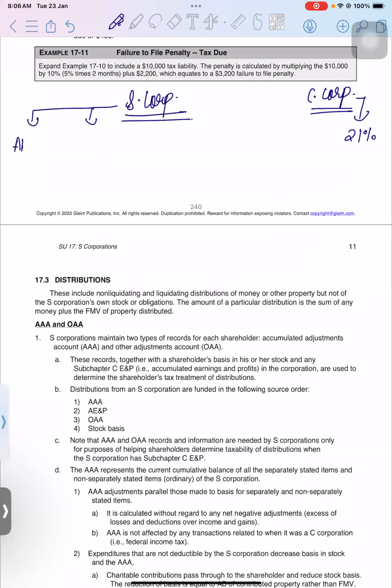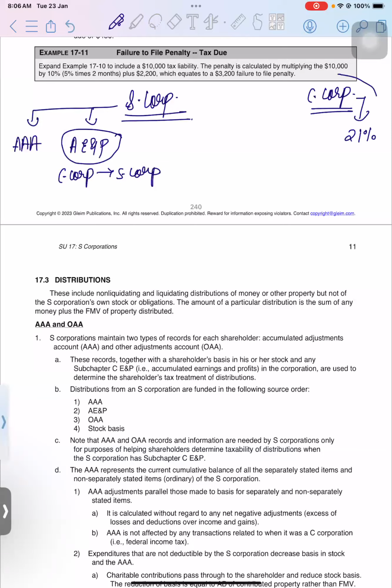First of all, the distribution should be up to your AAA, that is accumulated adjustment account. After that, we will see whether there is any accumulated earnings and profit. This will come into the picture only if the corporation earlier was a C Corp and then converted to S Corp.